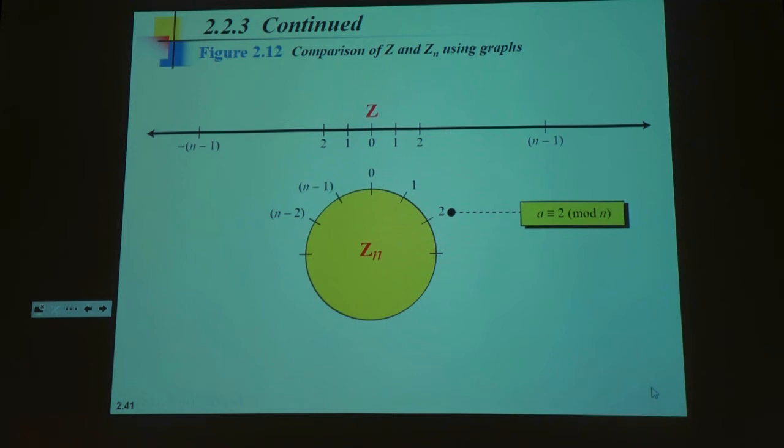So it will range from 0, 1, 2, and then repeat itself, up to n minus 2, n minus 1. It's like it keeps circulating.